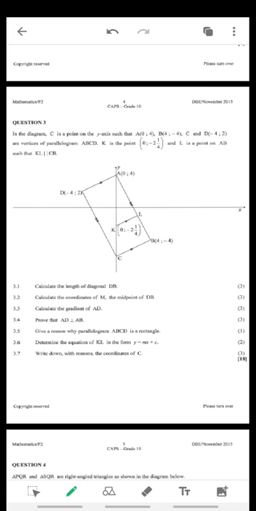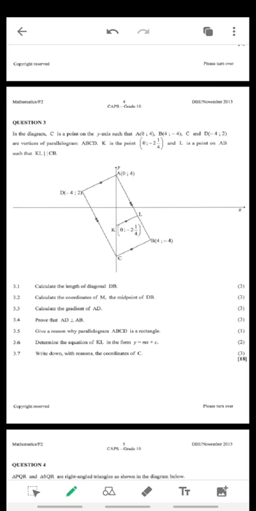Remember, I said to you, you must revise all your quadrilaterals, and parallelogram is one of them. K is the point (0, minus 2 1 over 4), which is on the y-axis. And L is a point on line AB such that KL is parallel to CB.